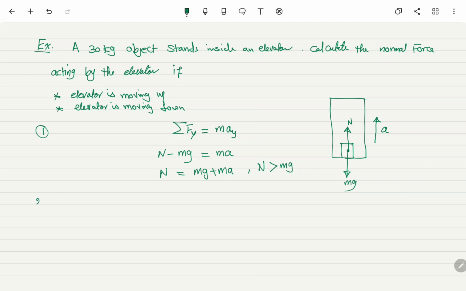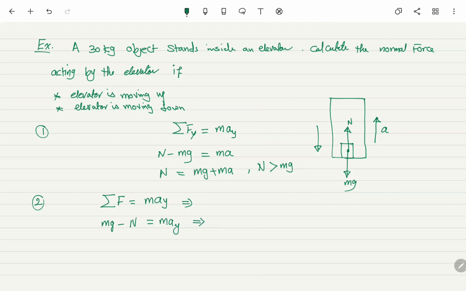In case number 2, if the elevator is going down, sum of all forces equal to ma y. Now the force in the direction of the acceleration goes first, so mg minus normal equal to ma y.